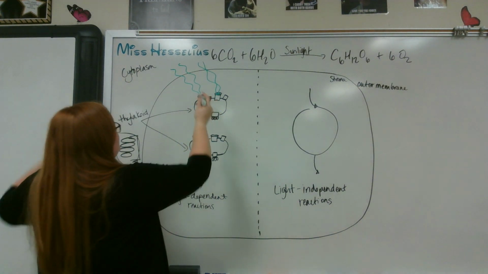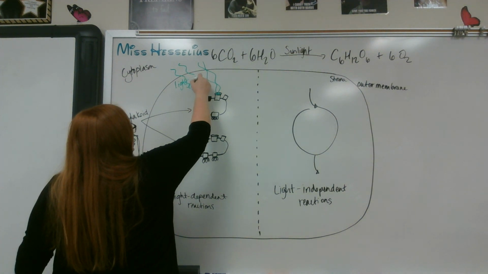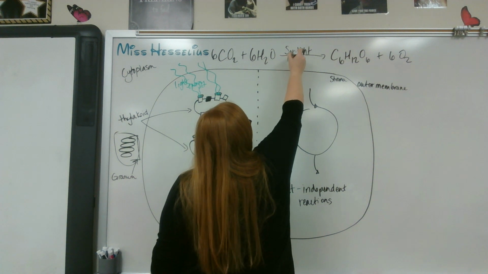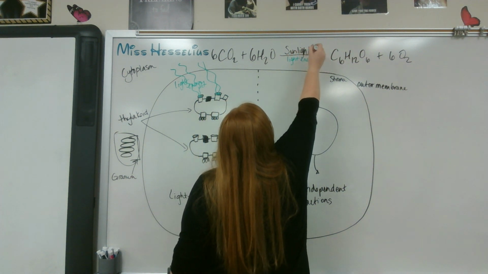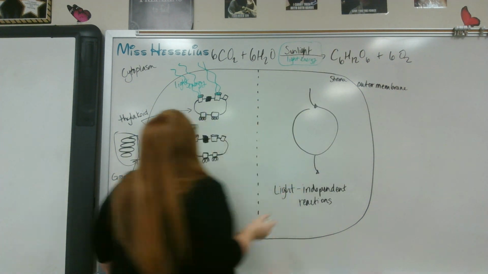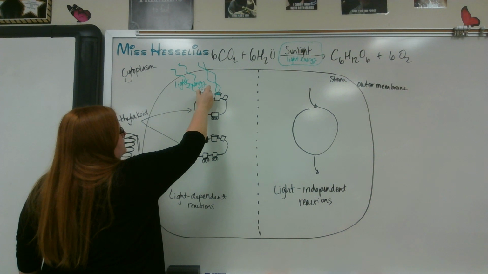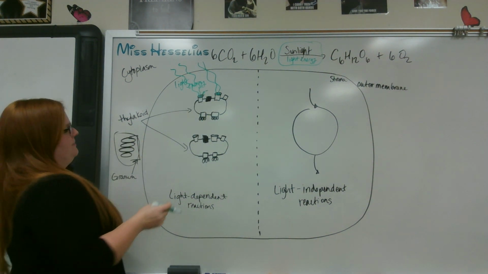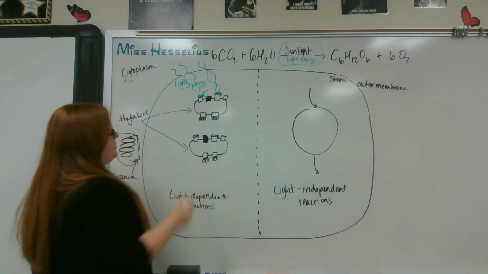And how it captures that energy, which here I'll put light energy, which is what sunlight is, it's light energy. So what it does is it energizes the electrons of that chlorophyll, making them hop off or excited. And when they do that, they hop to the next thing in this chain.